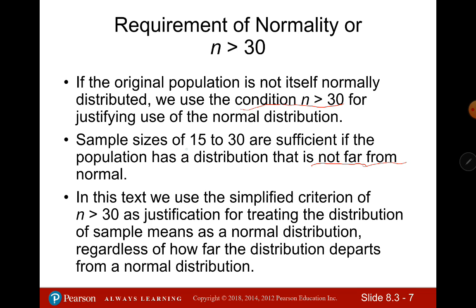Then it's not necessary for the sample size to be greater than 30. A sample size of 15 to 30 may also be sufficient for the testing if the original distribution is not far from normal. But if it's greater than 30, that will be perfect, right?